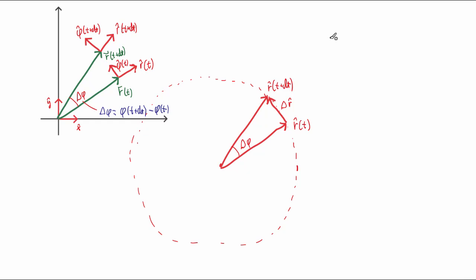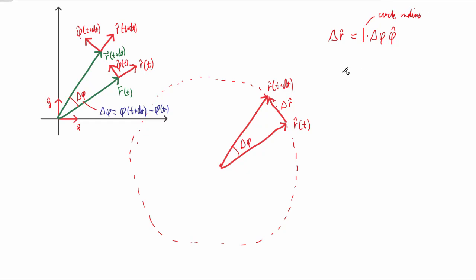We can now write that delta r hat is, in terms of delta phi, going to be the length of the circle segment, which is 1, times the magnitude of this angle, which is delta phi, and then we need to have a direction. Well, the direction that delta r hat is pointing in is clearly phi hat. Okay, this is the circle radius.